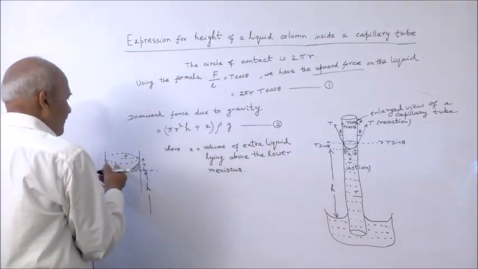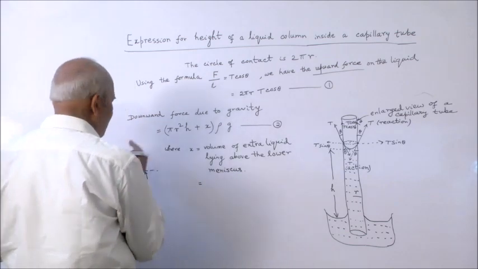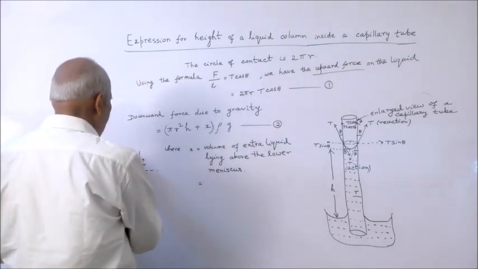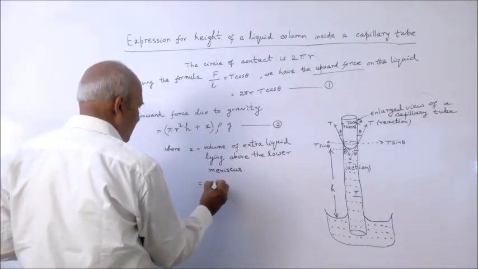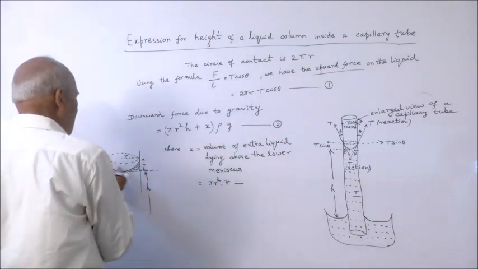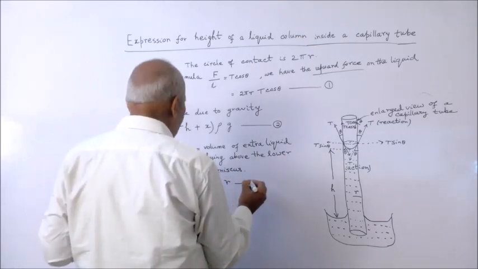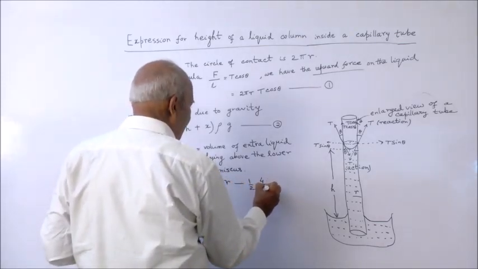This is meniscus, lower meniscus, and assuming this r is equal to this r, we have this part is like a cylindrical one. So, pi r square into r, this is a volume of the cylinder, minus the volume of the hemisphere.